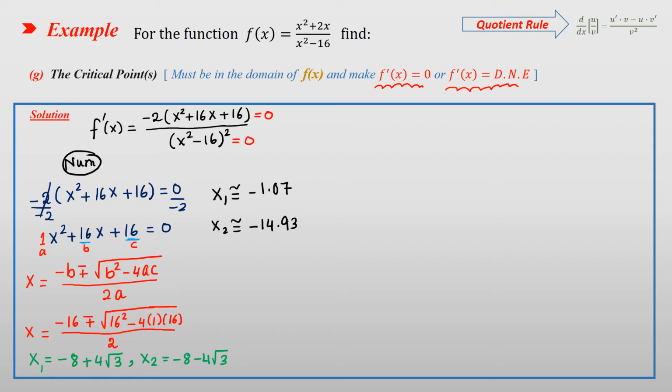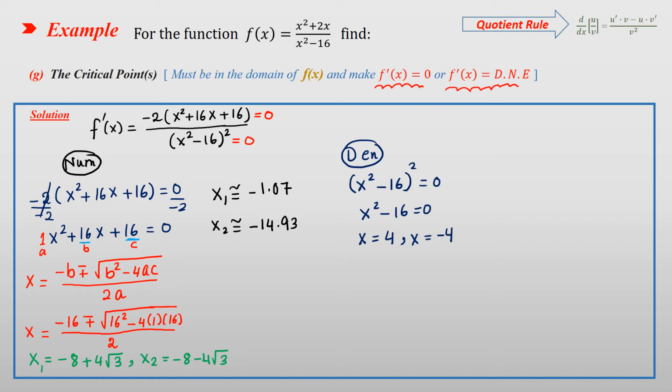Now you have to put the denominator equal to 0 also, to find the zeros of the denominator. The denominator is x squared minus 16 squared equal to 0. Take the square root of both sides, you will get x squared minus 16 equal to 0, and by solving you will get x equals 4 and x equals negative 4.